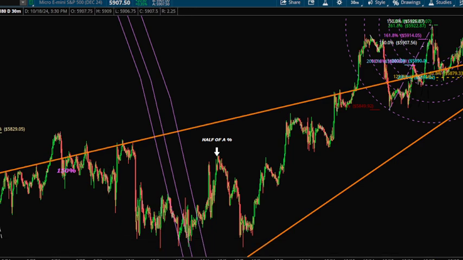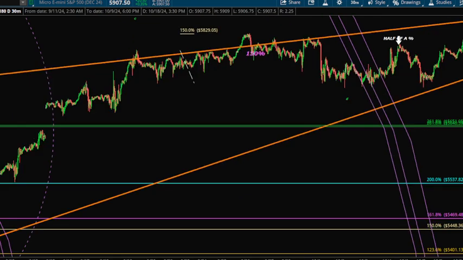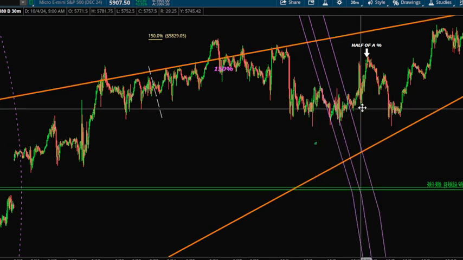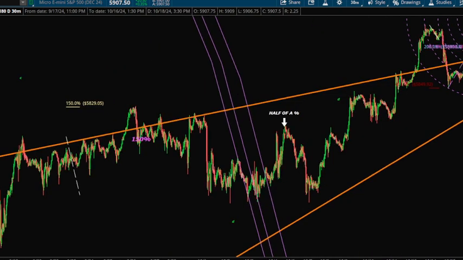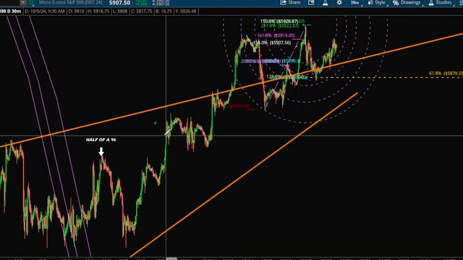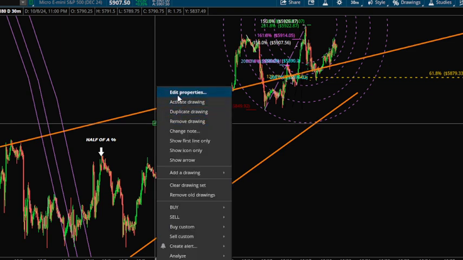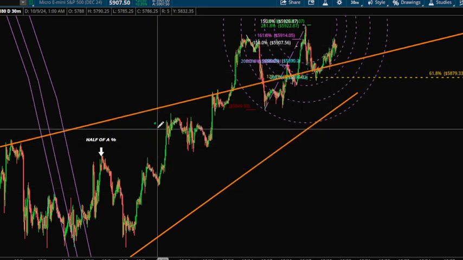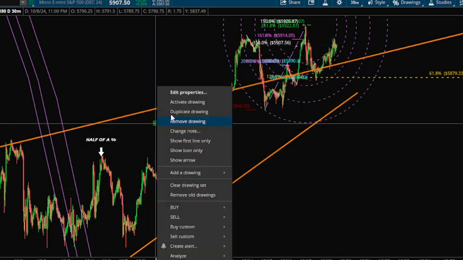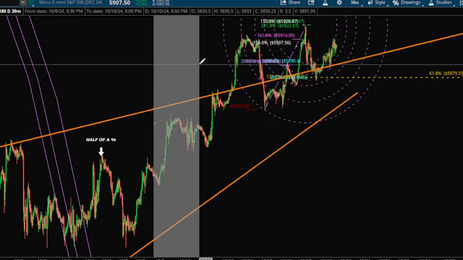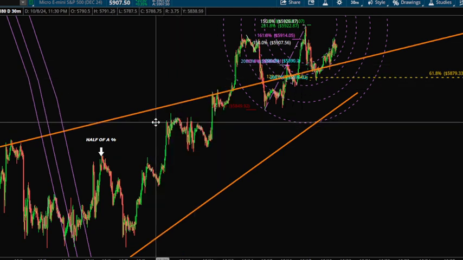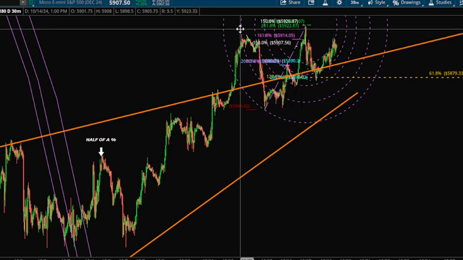So this is what I'm thinking. Let me go ahead and copy this, duplicate that, push this up. Make this our E. I think E ended right here.